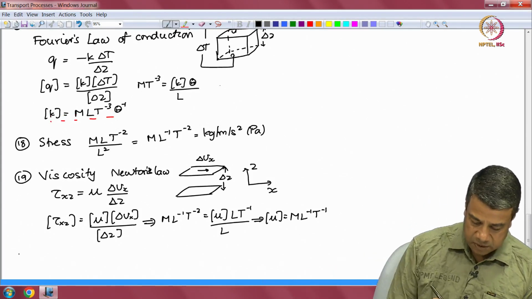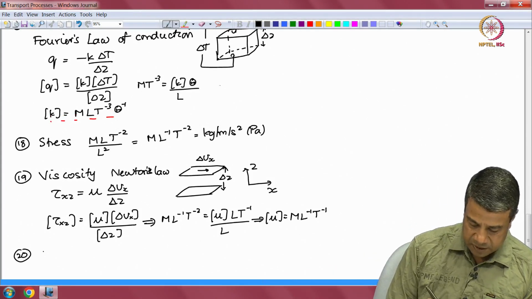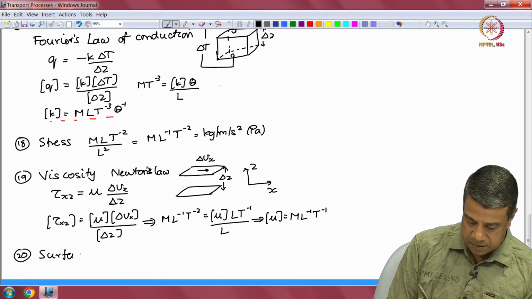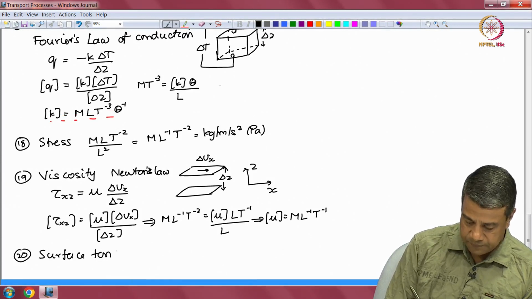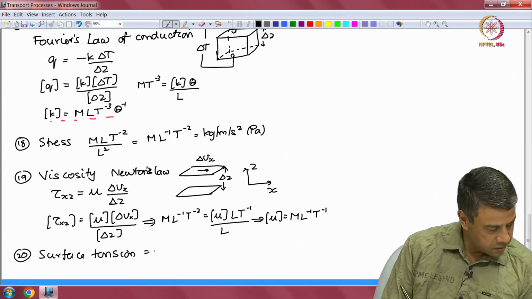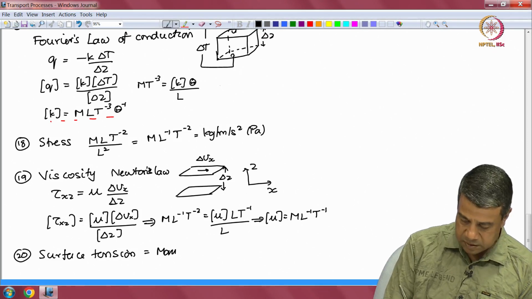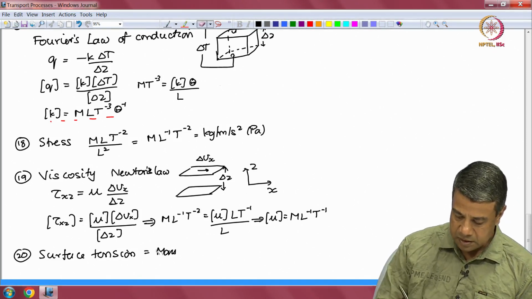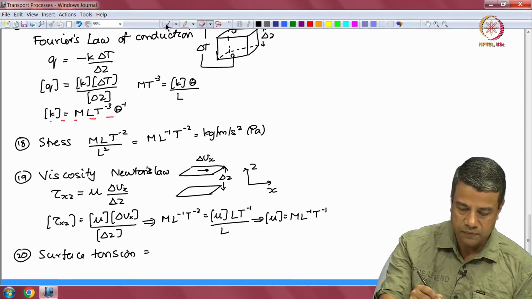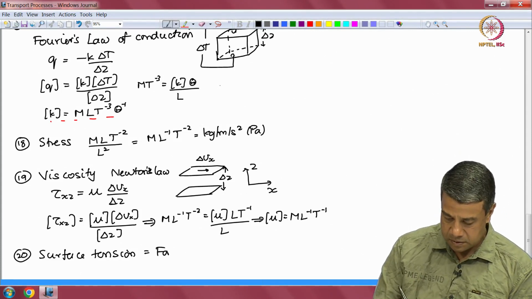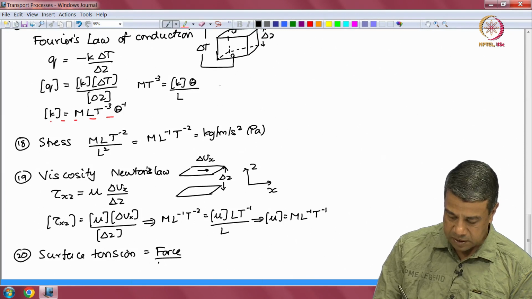Some other mechanical quantities. Surface tension is a force per unit length.